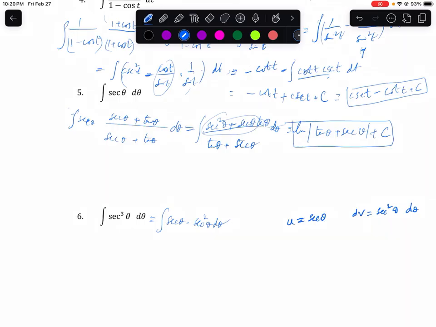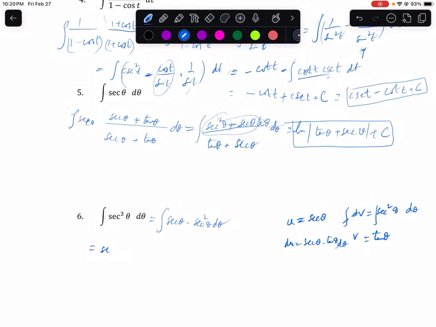So now we integrate the dv. This left hand side gives me v, because this d means the differential, and the integral sign cancel each other, we get v. So v is equal to the integral of secant square theta d theta, which is tangent theta, and du is secant theta times tangent theta d theta. So plugging in here, we get uv.